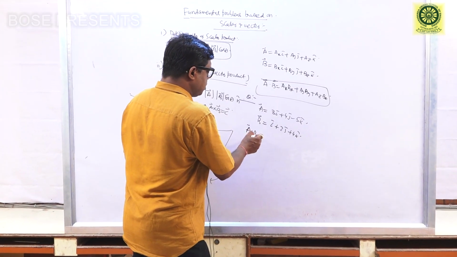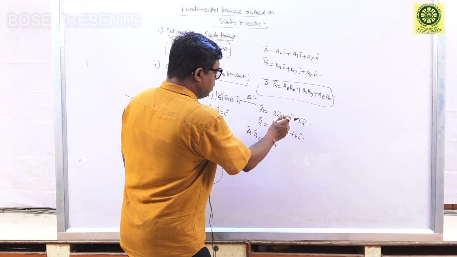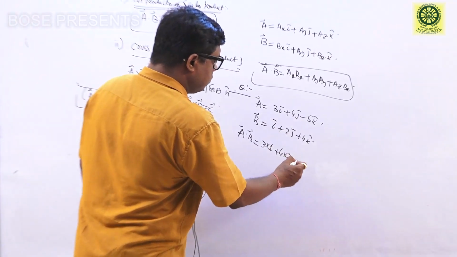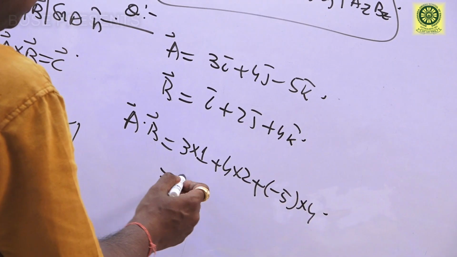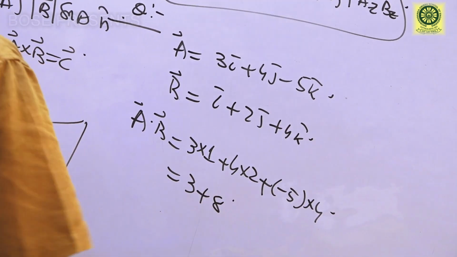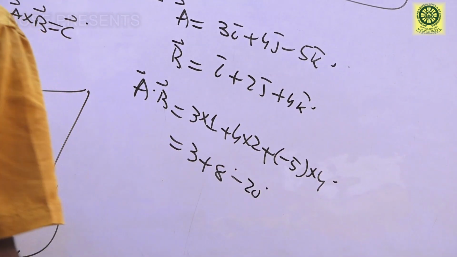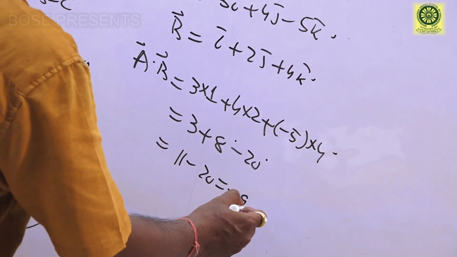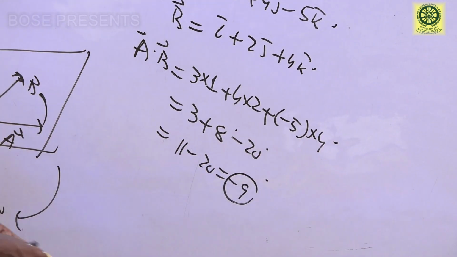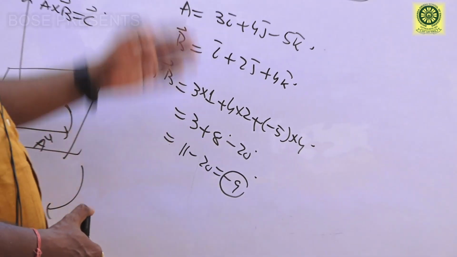A dot B is equal to Ax Bx, 3 into 1, plus 4 into 2, plus minus 5 into 4. That is equal to 3 plus 8 minus 20, so that is 11 minus 20, which is equal to minus 9. So this is the fundamental question on scalar and vector, the dot product.